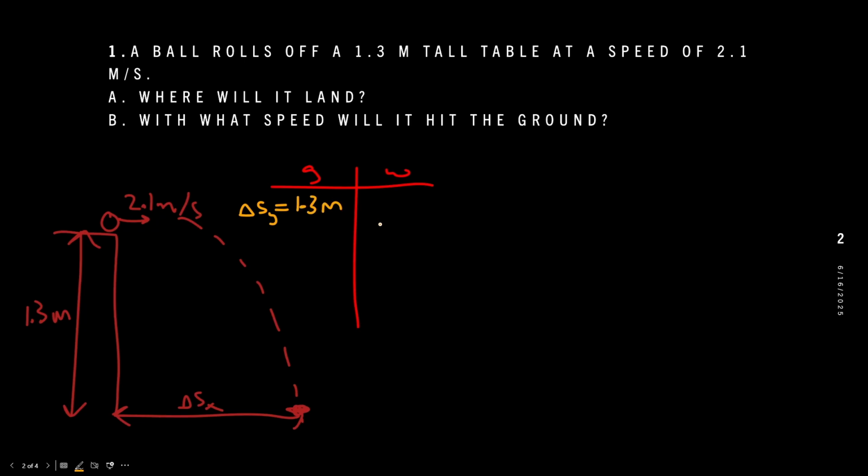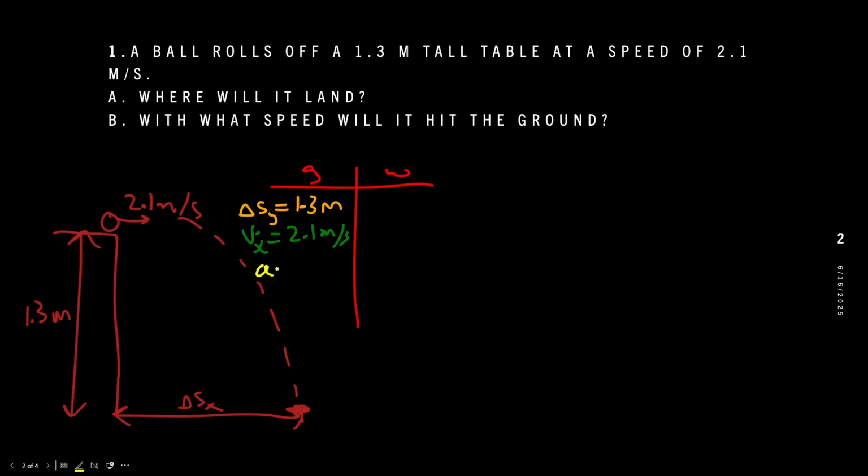Then our second piece of information is that it rolls off with a speed of 2.1 meters per second, and since it doesn't talk about any angles, we know that it's only moving horizontally at the beginning, so we know that that's an x value, so we could label that in green, so Vx equals 2.1 meters per second.